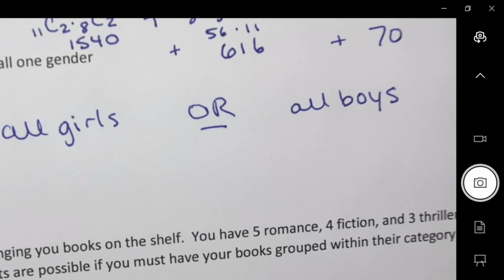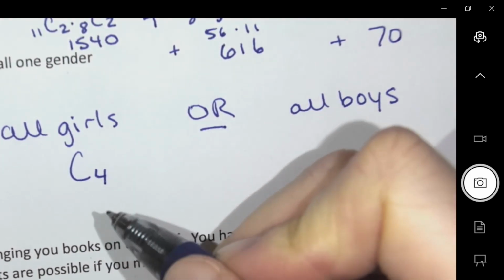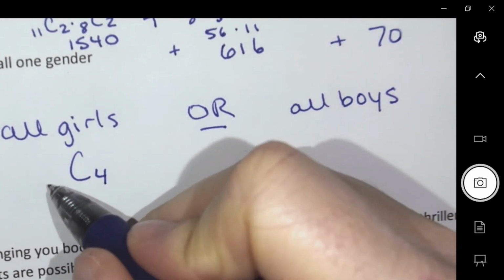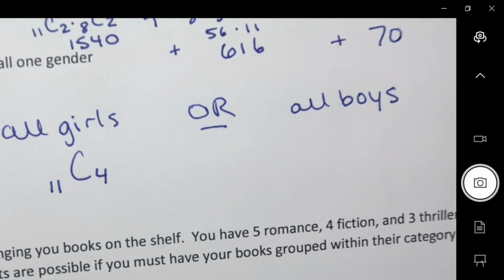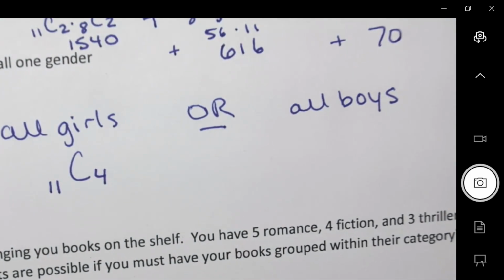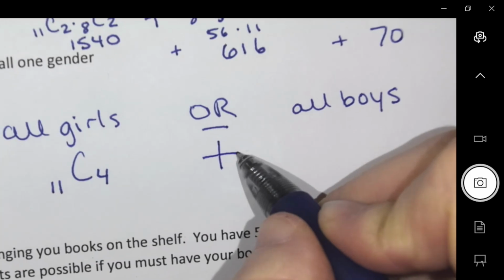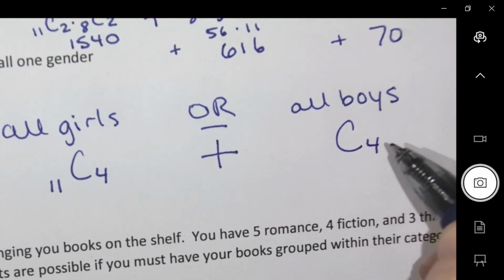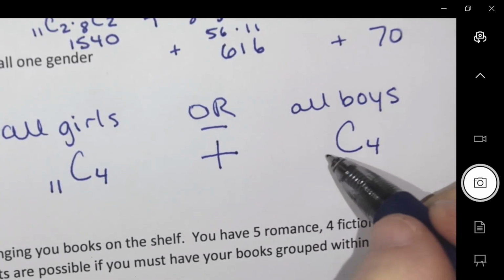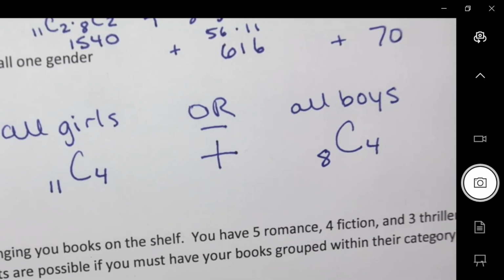So if we did an all-girl committee, we're going to choose 4 girls from 11 options. Or with the boys, we're going to choose the 4 boys from 8 options.